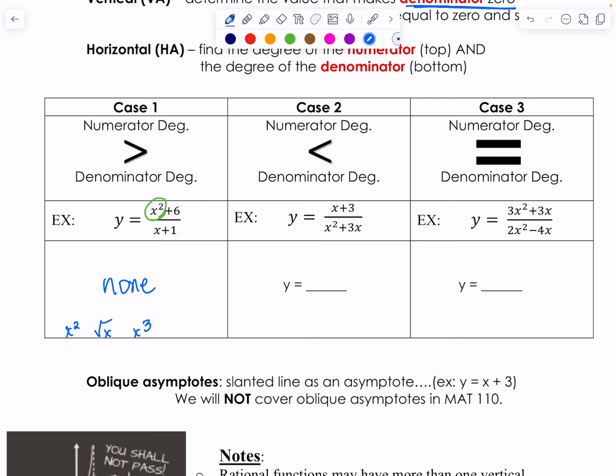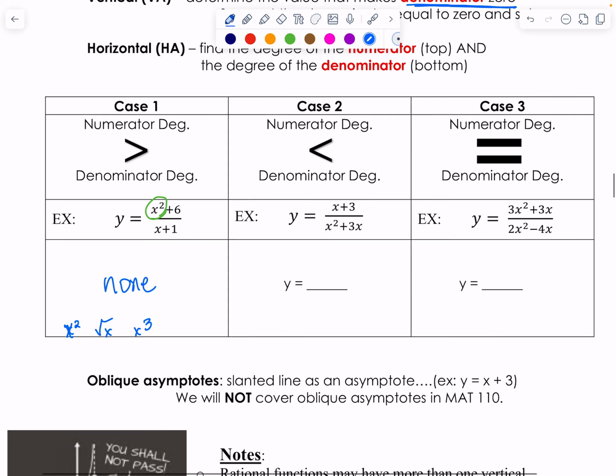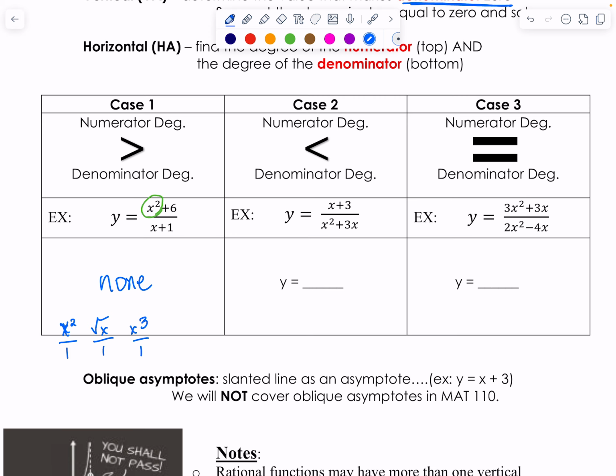We've had absolute values, we've had all kinds of stuff. Notice that on the bottom was always 1. We didn't have anything down there, so we've never really talked about horizontal asymptotes because we didn't have x's on the bottom.